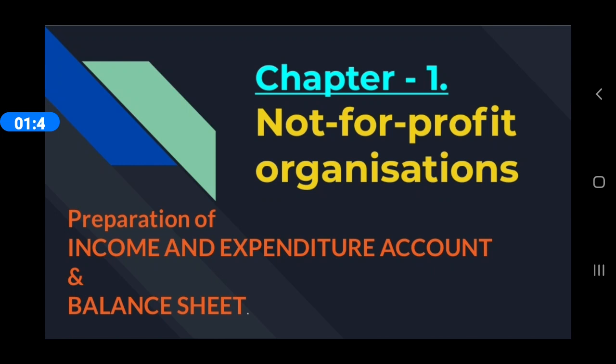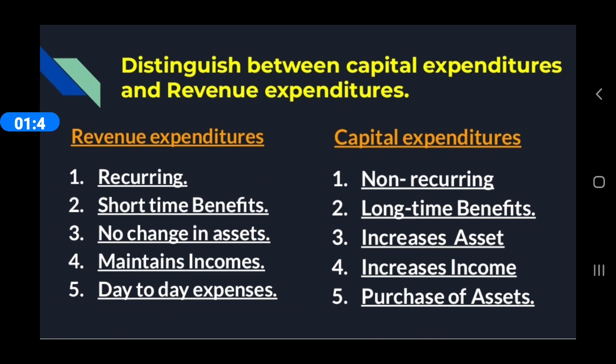Before preparing the income and expenditure account and balance sheet, we should know the distinction between capital expenditure and revenue expenditure, because only revenue expenditure is taken to the income and expenditure account, and capital expenditure is taken to the asset side.